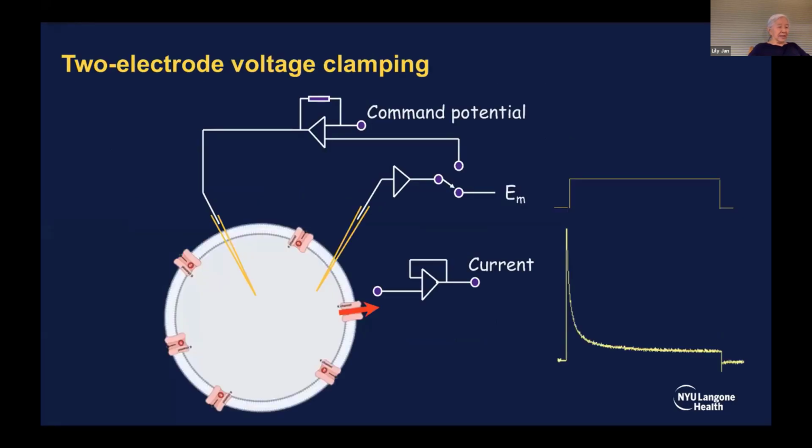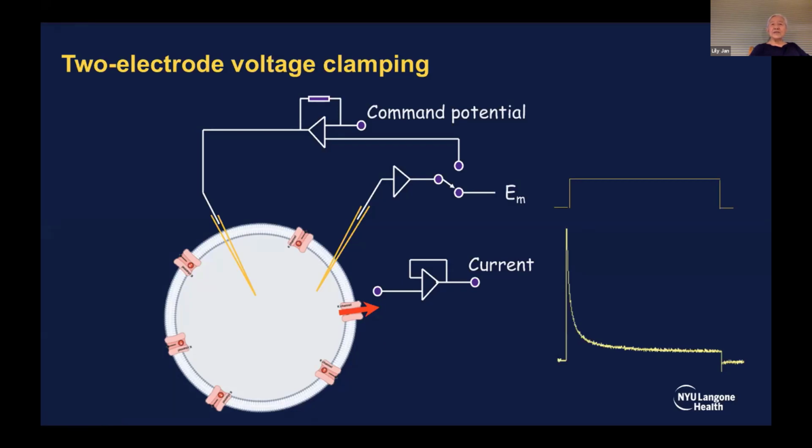So for a cell that's large enough to allow sharp electrodes to go through, we have 2 electrodes in the cell. We have one electrode that sets the membrane potential at this command potential that we specify. And if that leads to opening of channels and flowing of ions through the channel, that would tend to drive the membrane potential away from the command potential.